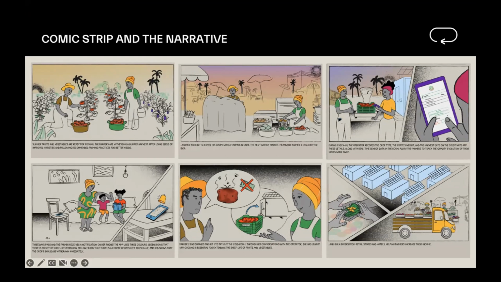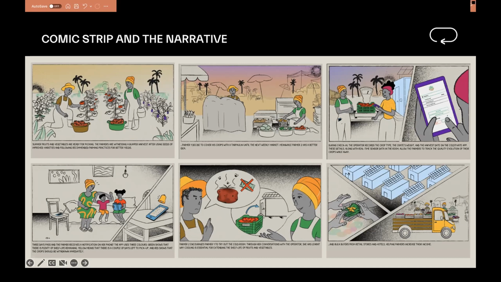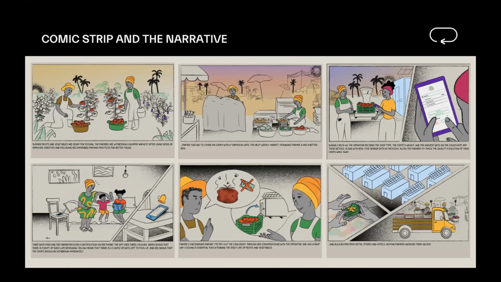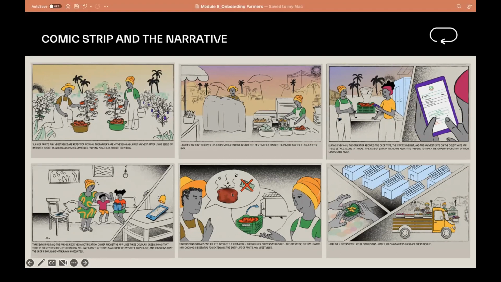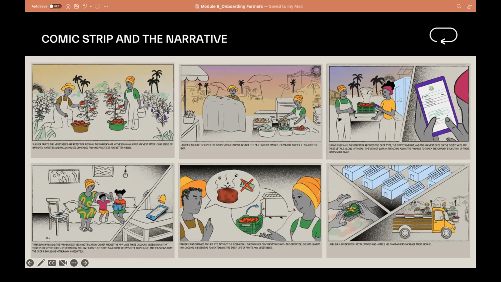Then the other thing that we're trying to really promote through this comic is for farmers to inform others about how they can use the cold room, what the benefits are, and to spread the word about cold room. So in the fifth scene, what you see is farmer number 1, who had just covered his crops, complain about the fact that his crops were rotten and he wasn't able to make much money from it.